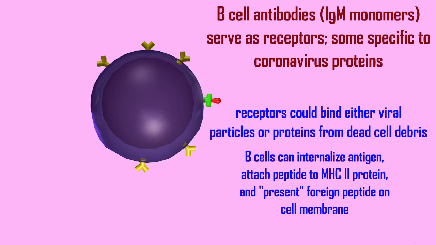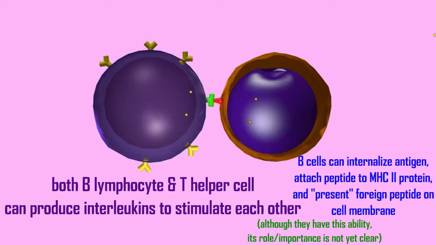These antigen-presenting cells and the helper T lymphocytes can stimulate each other with local hormones known as interleukins, and then the T helper lymphocytes can go and activate other parts of the immune system.